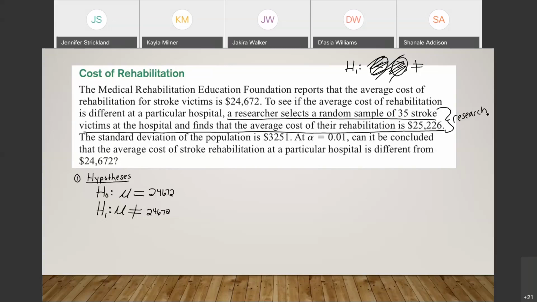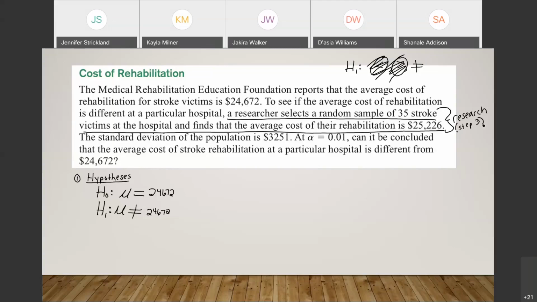He's talking about pulling a sample of 35 and getting the average for those people to be 25,226. Okay, that's the research part. That's going to be step 3. But the accepted average overall is that other number.